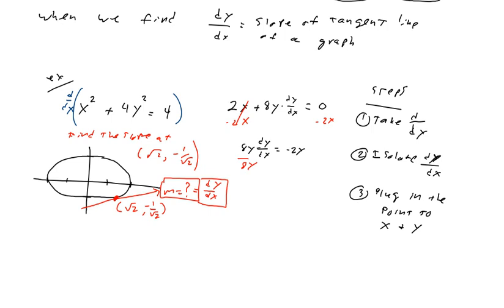Divide by 8y on both sides, and I get dy dx equals negative 2x over 8y, which I could simplify to be negative x over 4y.